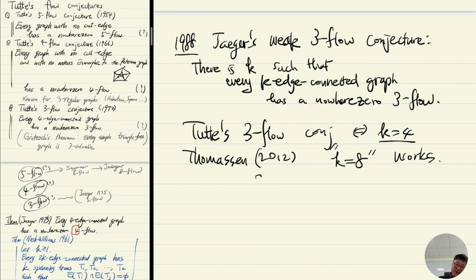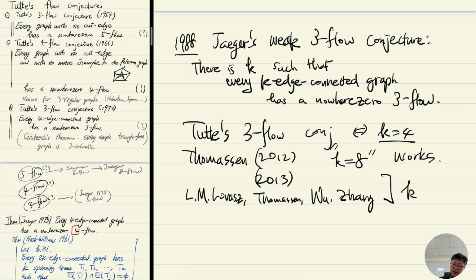Then soon after, in 2013, Lovász, Thomassen, Wu, and C.-Q. Zhang published a paper showing that K equals 6 works, basically on the same idea but with new additional techniques.